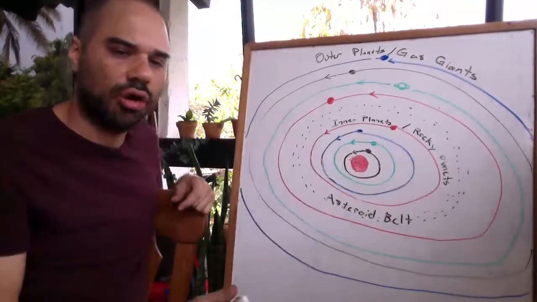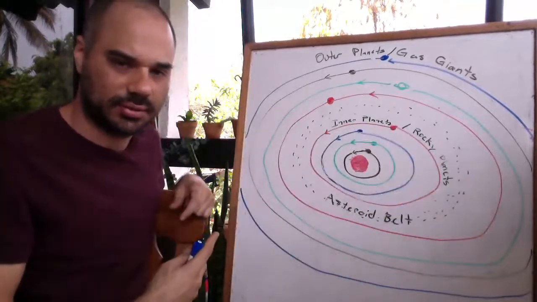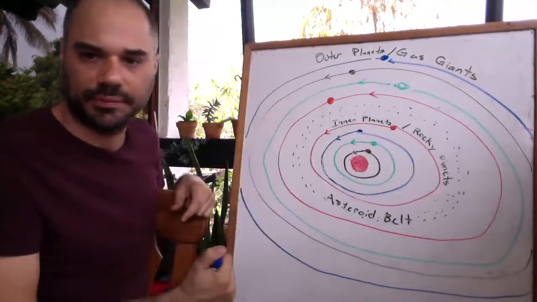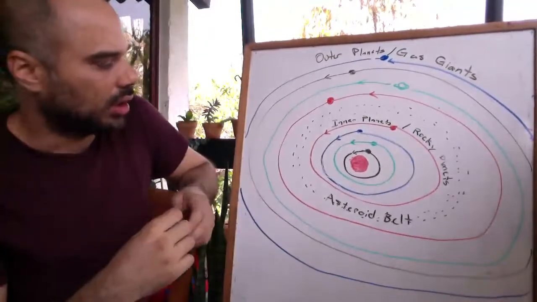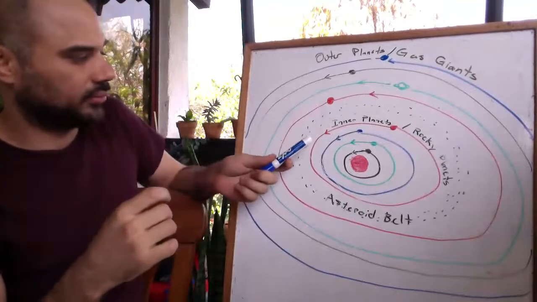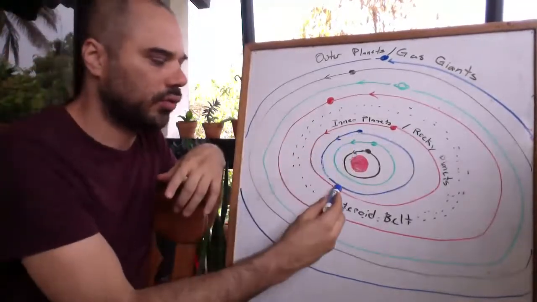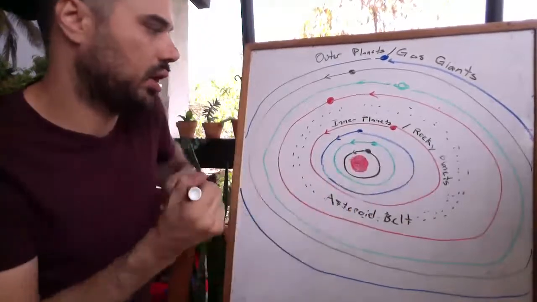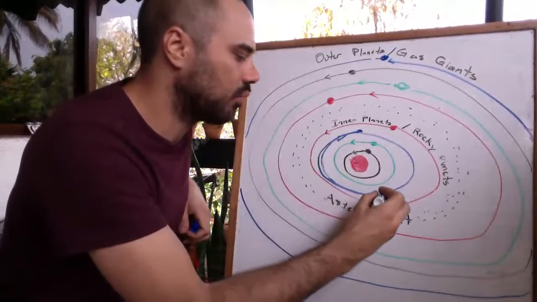So as you can see, the orbit of the planet is not a circle, it's more like an ellipse. So this is what we call a revolution. Okay? A complete orbit around the sun is a revolution.